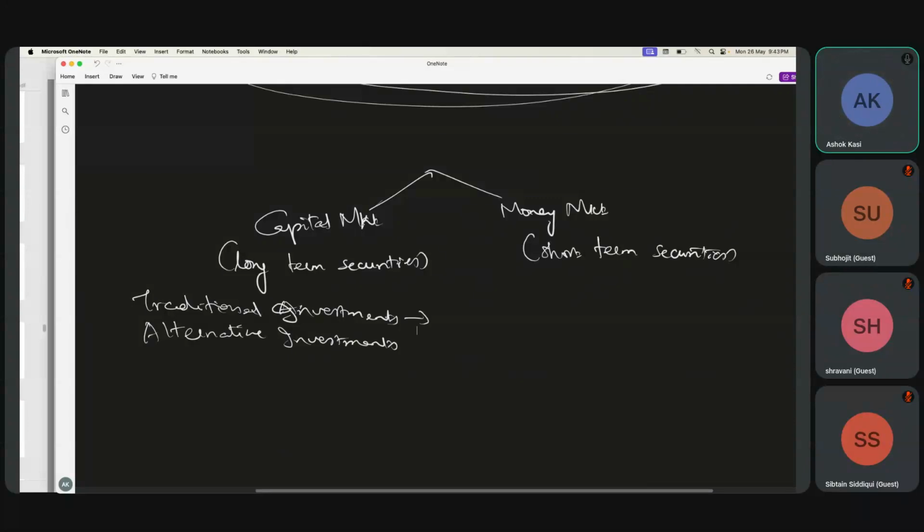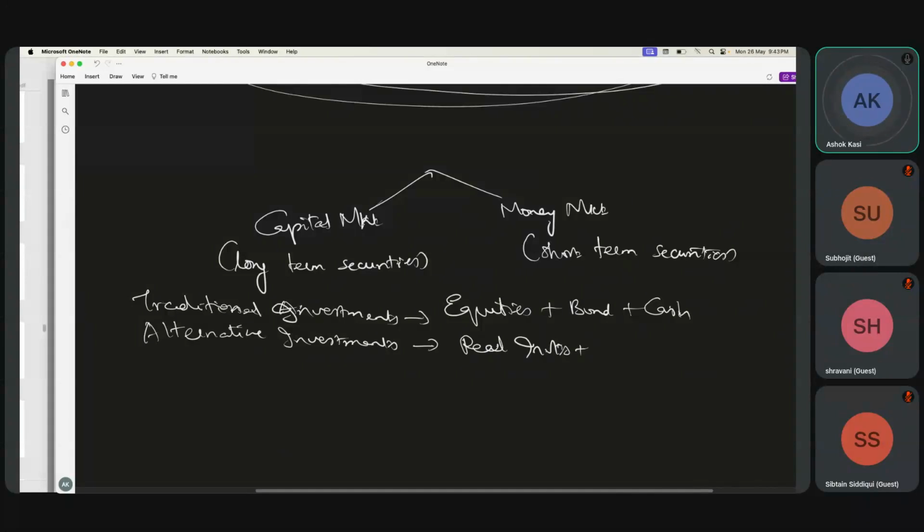Traditional investment means equities, bonds plus cash. These are considered as traditional investments. Rest everything is alternative. What do you mean by rest everything?